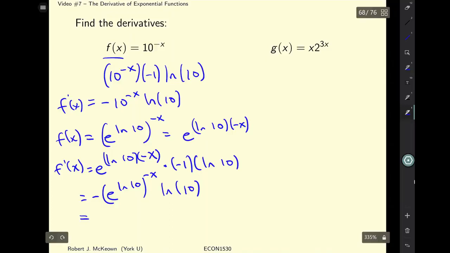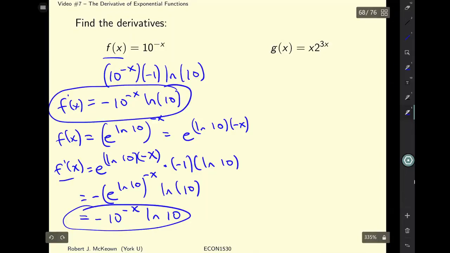And we can see that we've got -10^(-x) log 10, which is the same thing we got by applying the rule and not forgetting the chain rule. We had to apply the chain rule.